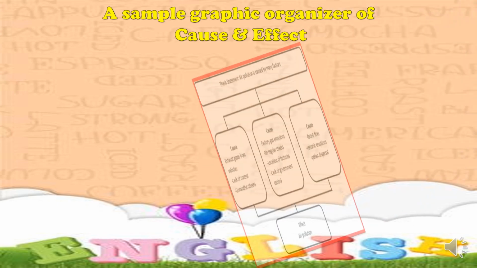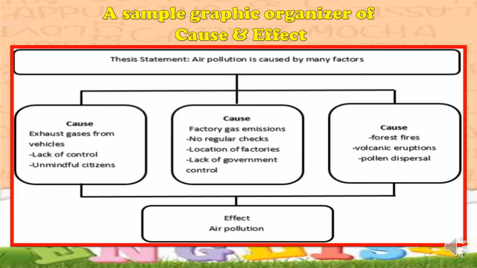Here is a sample of a graphic organizer of cause and effect. So the title of this paragraph or graphic organizer, thesis statement: air pollution is caused by many factors. And we have 3 causes and 1 effect. So the first cause: exhaust gases from vehicles, lack of control, unmindful citizens.